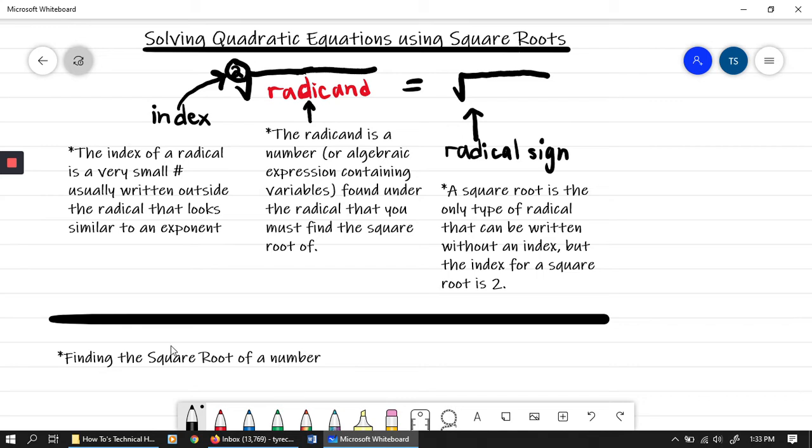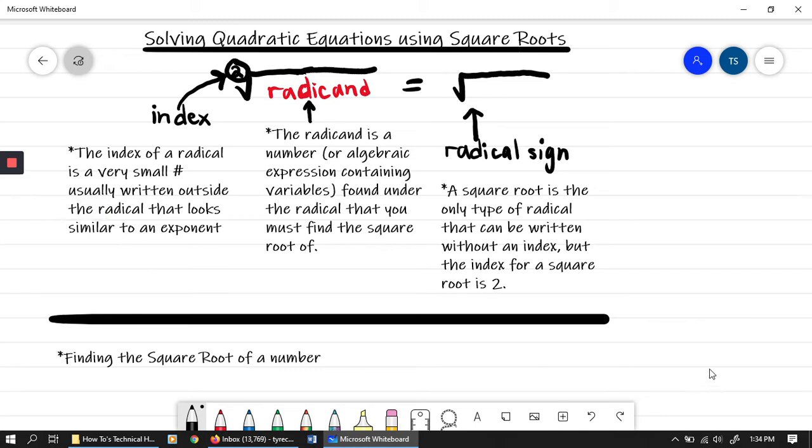And so let's say that you're trying to find the square root of a number. A lot of times, most of you will probably be using a calculator. But we want to bring up one quick point. Whenever you're finding the square root of a number, there are usually 2 possibilities.